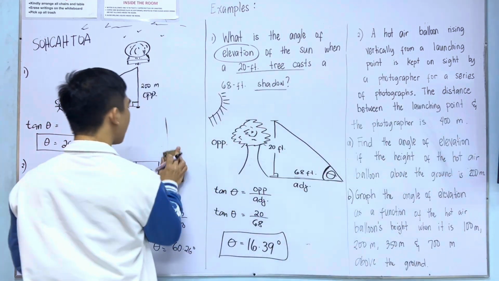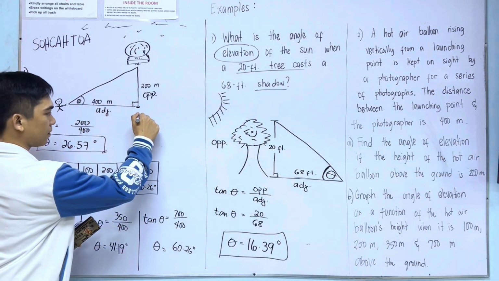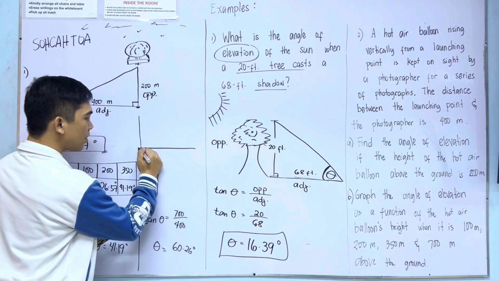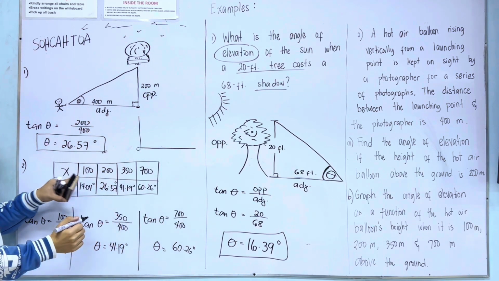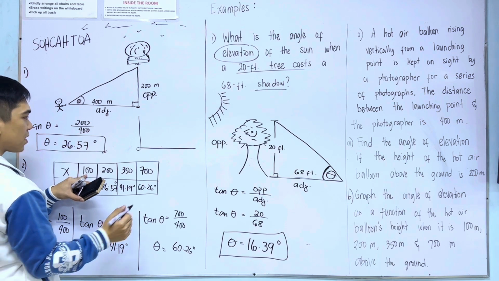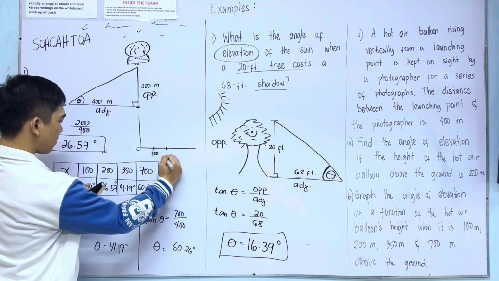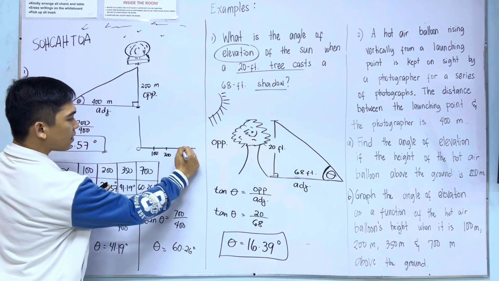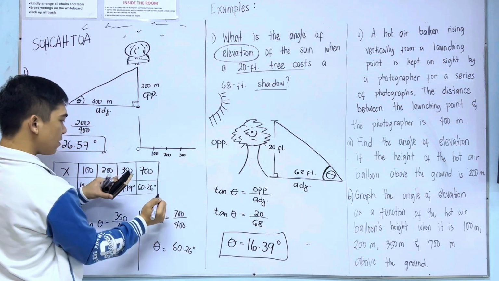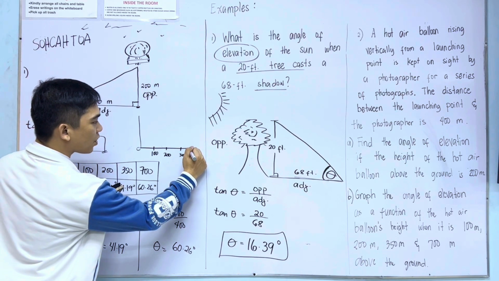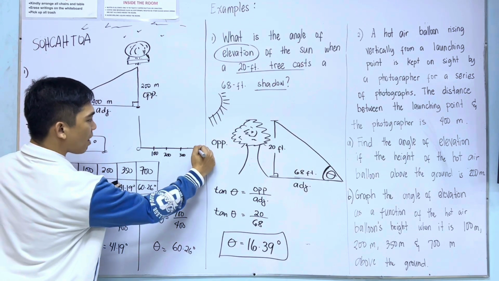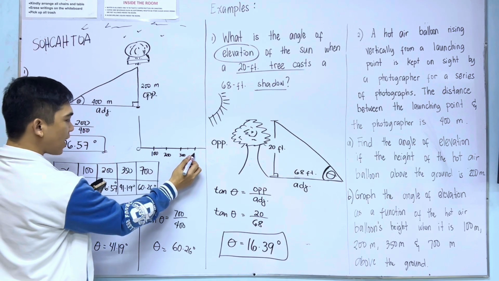So, pag graph natin siya, dito yung starting natin, let's say 0. Tapos, 100, 200. Dito si 300. But we're looking for 350 lang. So, ito yung hahanapin natin. Tapos, 400.